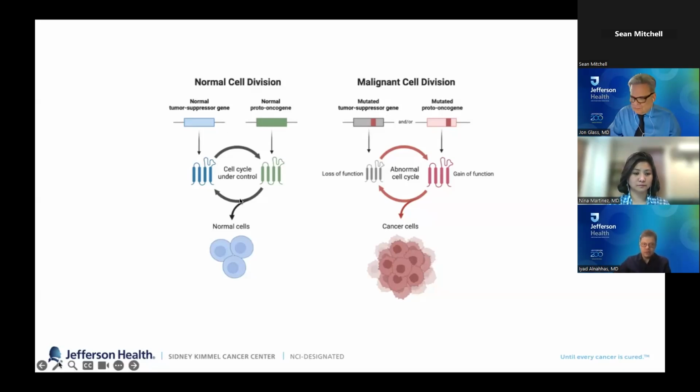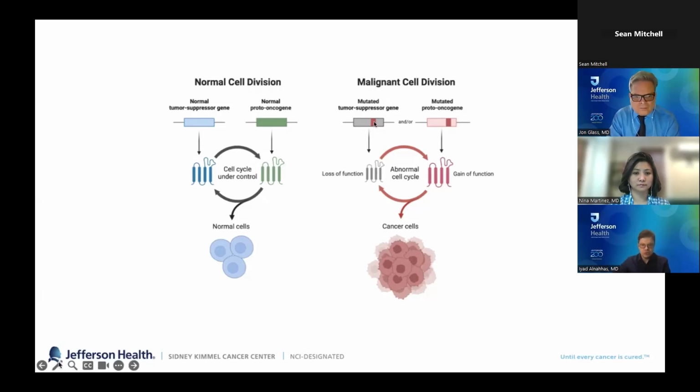This is a very delicate balance in the normal state, where the cell cycle, based on the instructions that it gets from the DNA, knows when to do what. However, what happens in tumors, in general, we call cancer the disease of the DNA, is that that delicate balance gets out of whack. That is usually caused by mutations.